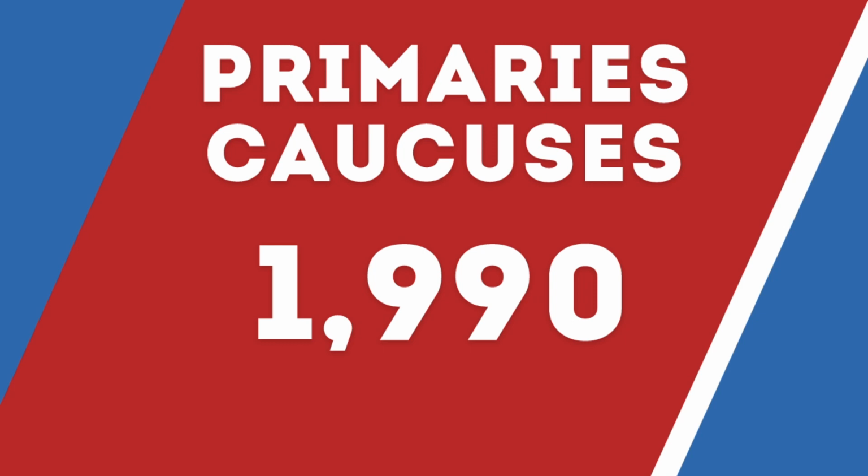So Iowa has not that many delegates, maybe in the 40s or 50s. But for example, California has many delegates because it's such a huge state. The population is so big. So there are many, many more delegates that you can win in California.